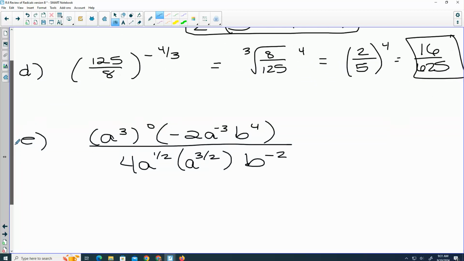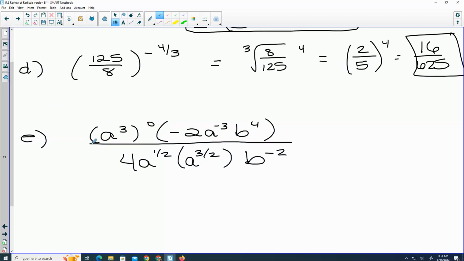Last one. A to the 3rd to the 0. Anything to the 0 power becomes 1, so that's gone. We have the -2, a to the -3rd, b to the 4th still. Okay, on the bottom, we do have the a's written twice, so what do you do with those exponents?